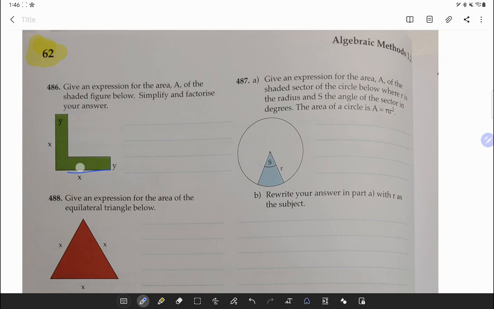You can also work out that rectangle there, that's x squared, and then take away whatever that would be. You'll get the same answer as long as you're using the right thing. So this square inside here would be x minus y times x minus y.